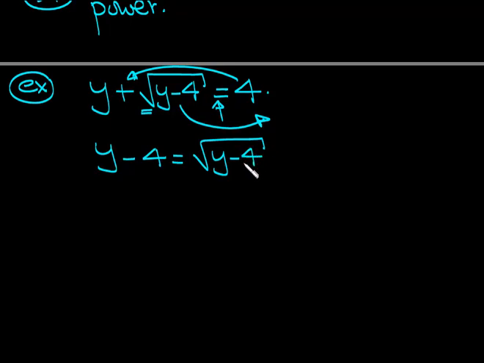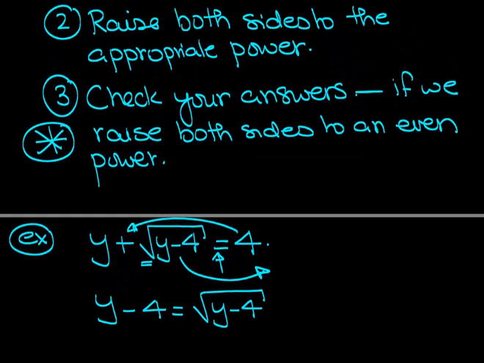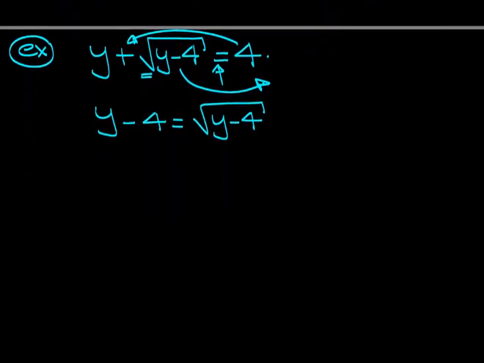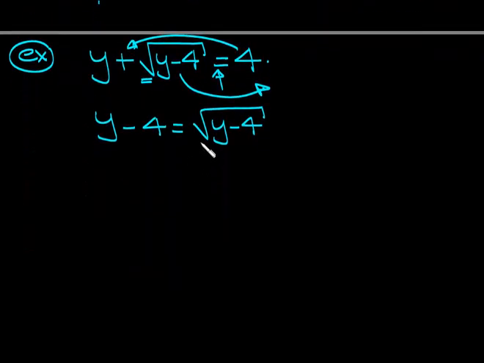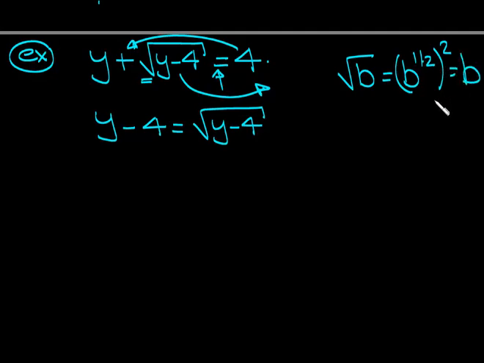Now what did the step say? Raise both sides to the appropriate power. What we want to do now is get rid of this radical. So if you recall from the section on radicals, if I have the square root of b, for example, that's the same thing as b raised to 1/2, correct? So to get rid of this 1/2, I'm going to basically square this, because when I multiply that I get b.